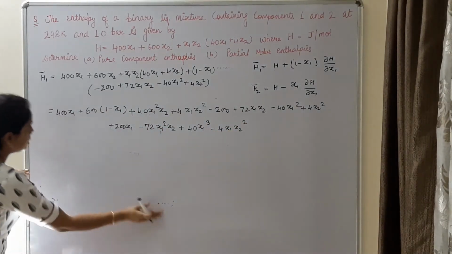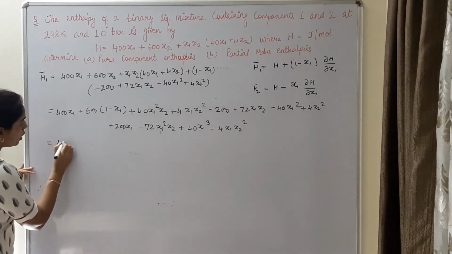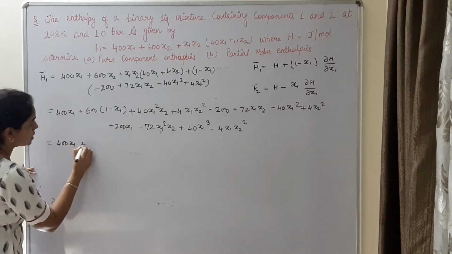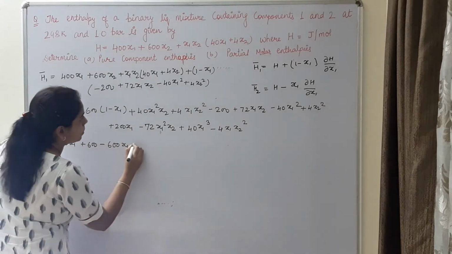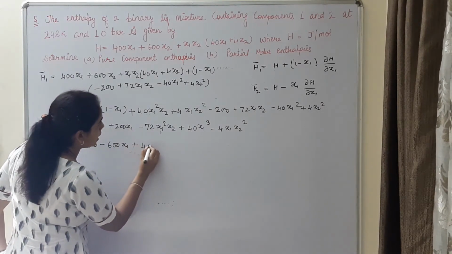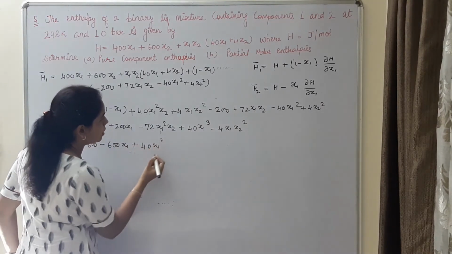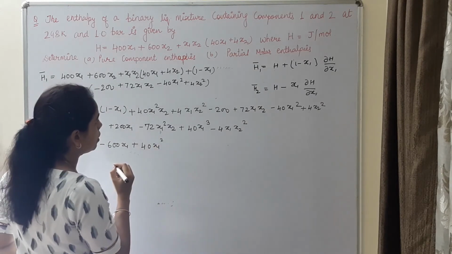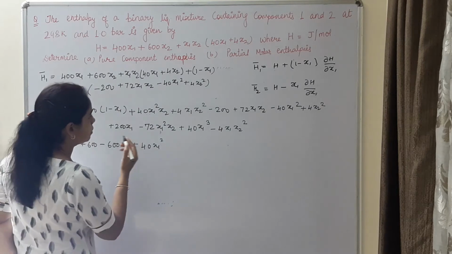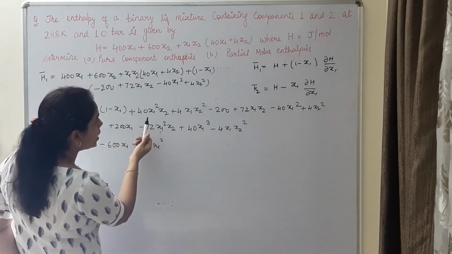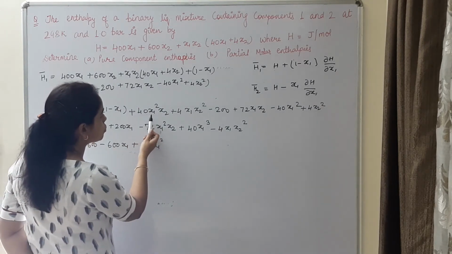Okay. Now 400 x1 plus 600 minus 600 x1 plus 40 x1 square, 40 x1 square.